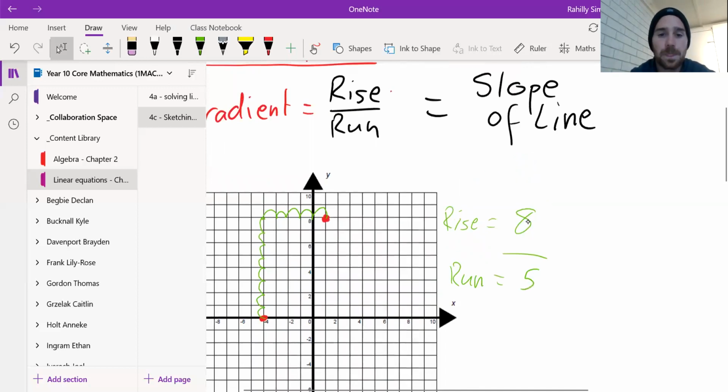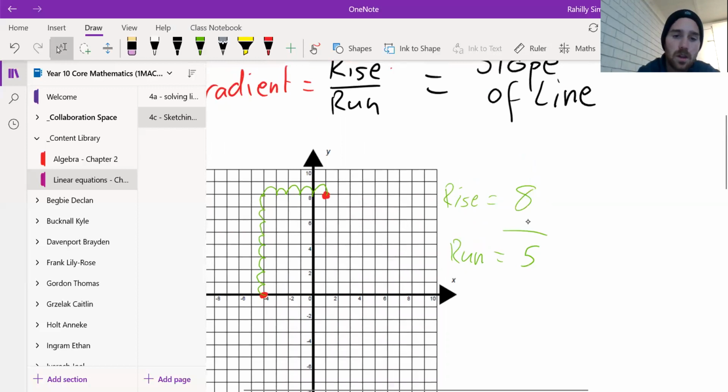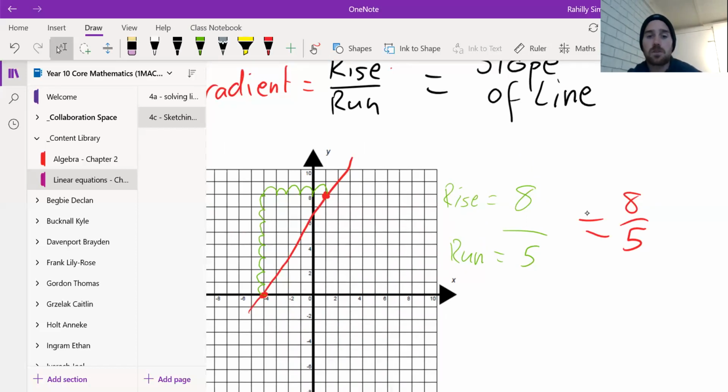Our gradient for that line, which would be straight, I'm going to have to do it freehand, is 8 over 5. It's just a matter of how far up you've gone and how far across you have gone. I'll do another one. This one should explain it again. You've got that there as an example, which will be in this video.